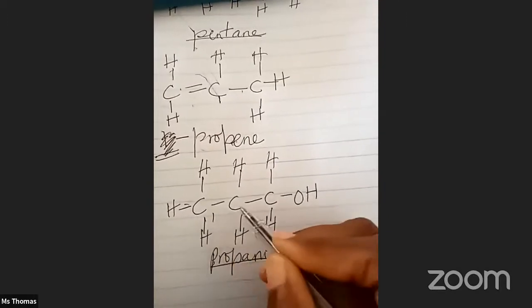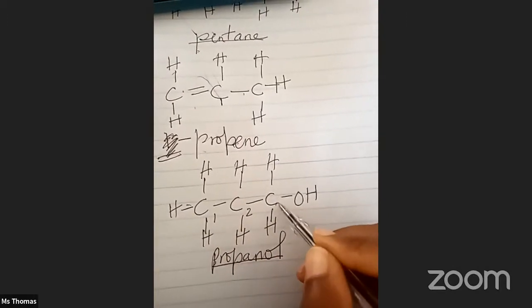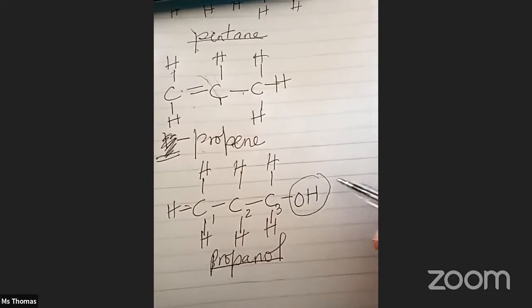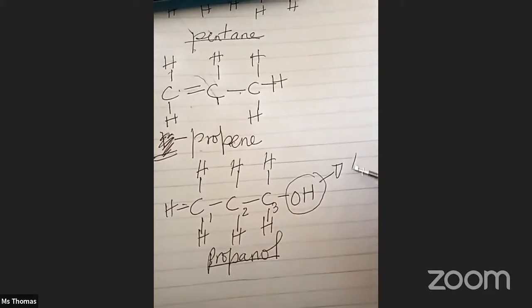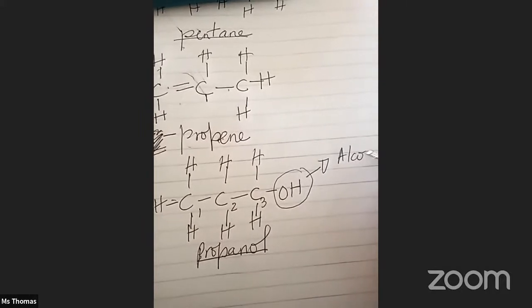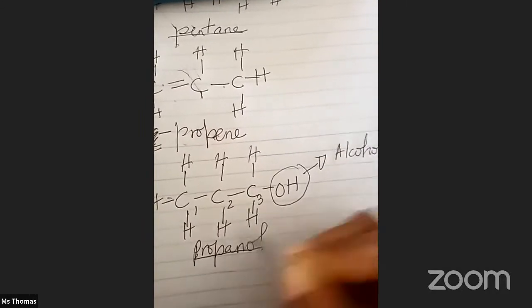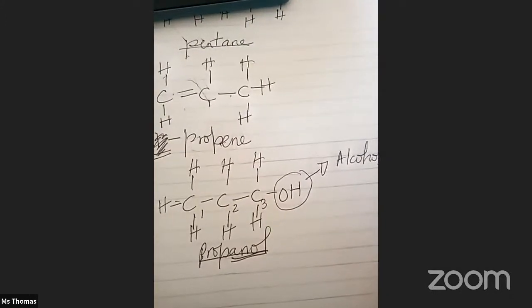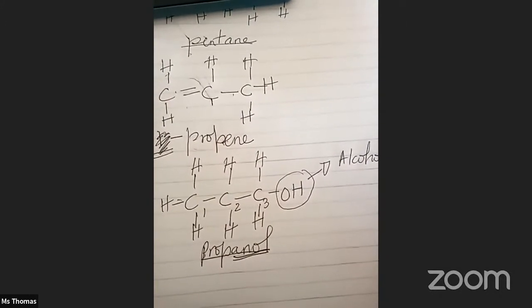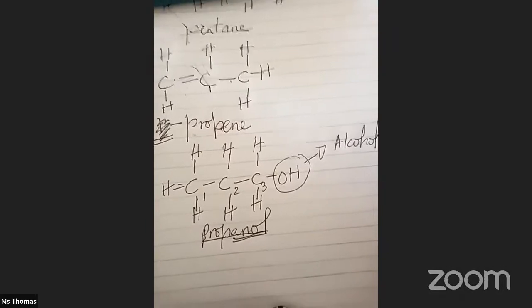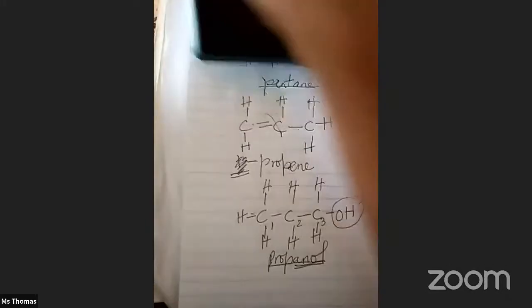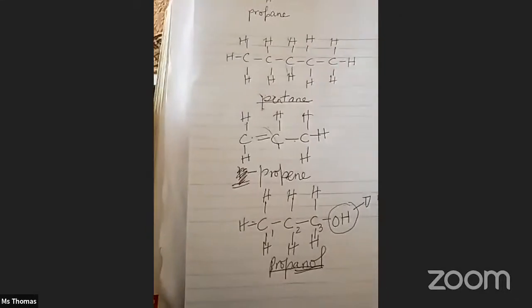Because it has 1, 2, 3 carbons, and the OH group means it's from what homologous series? OH group means it's an alcohol, and alcohols all end in "anol." All right? Do you need me to do one more? No, Miss. All right, good, because my battery is completely dead.